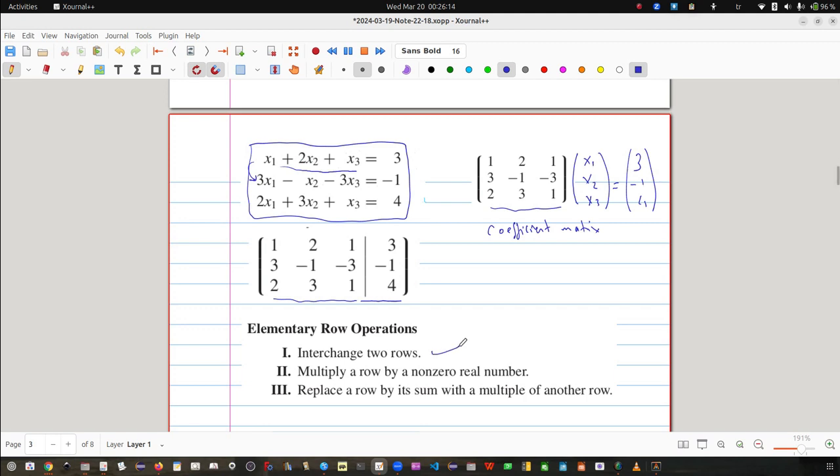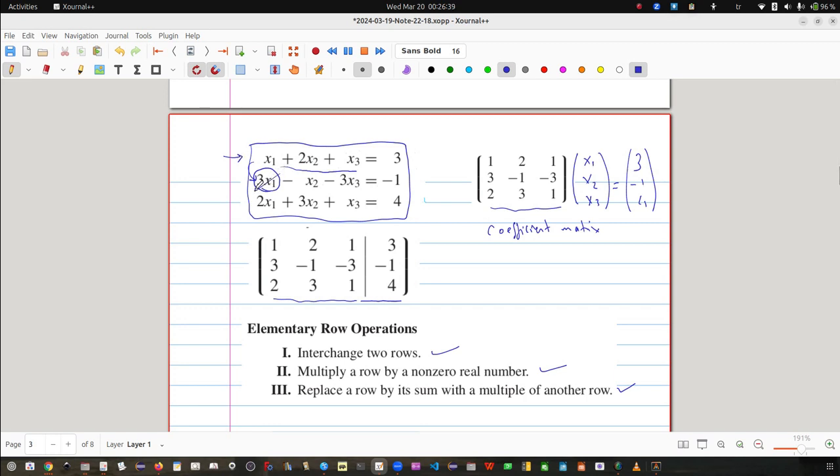So the row operations are interchanging the rows, multiplying a row by a non-zero real number, and replacing a row by its sum with a multiple of another row. Means, in this case, for example, you want to get rid of this variable in the second equation. What we do, we multiply the first equation by 3 and add them up or subtract based on the signs to the second equation.